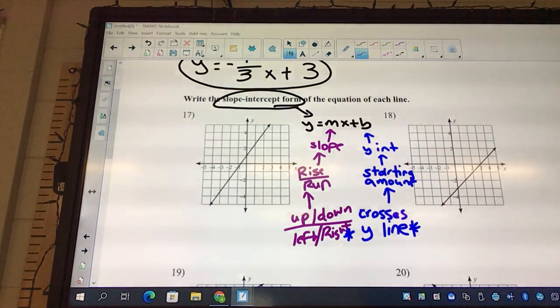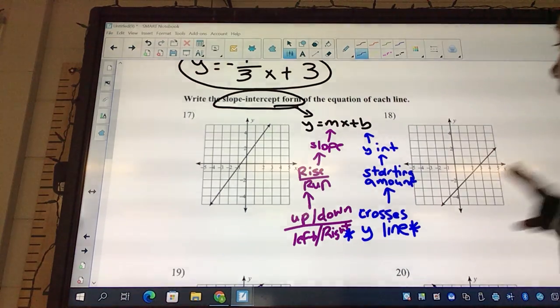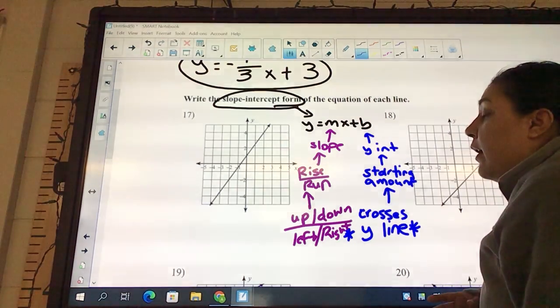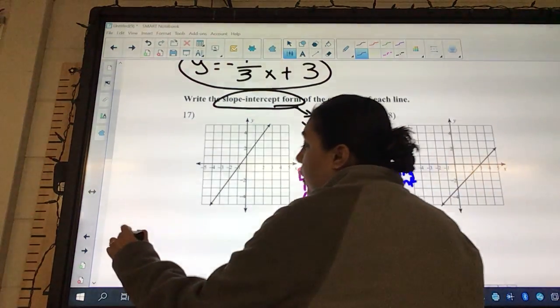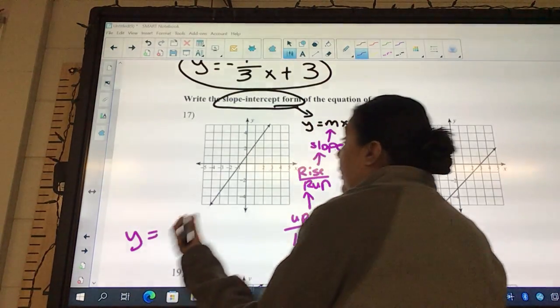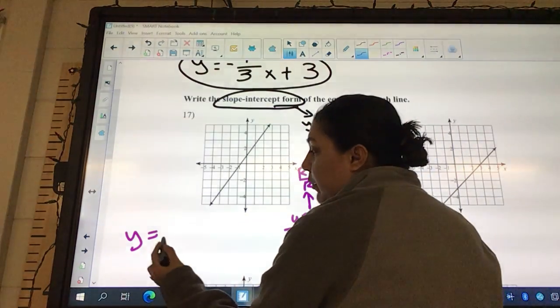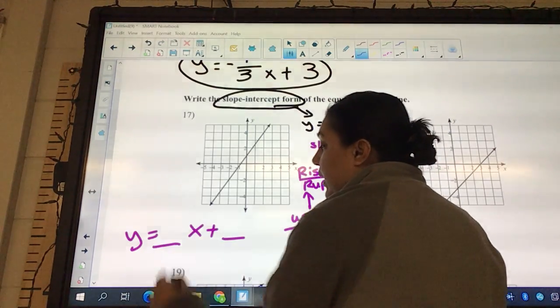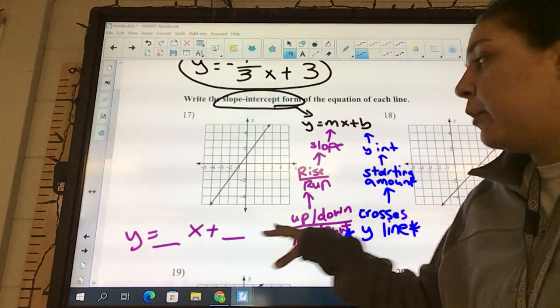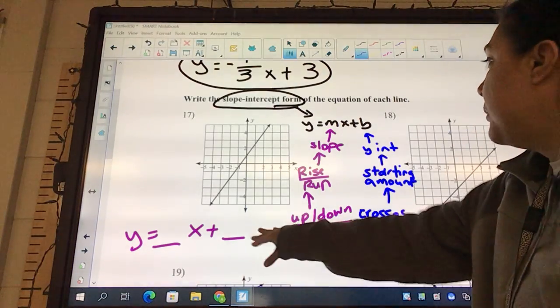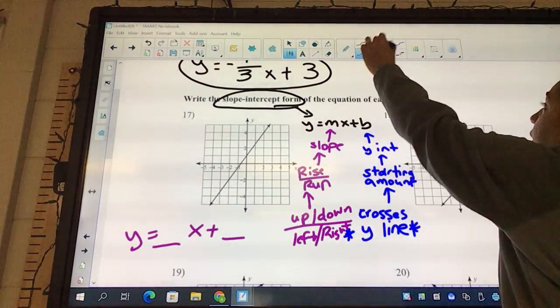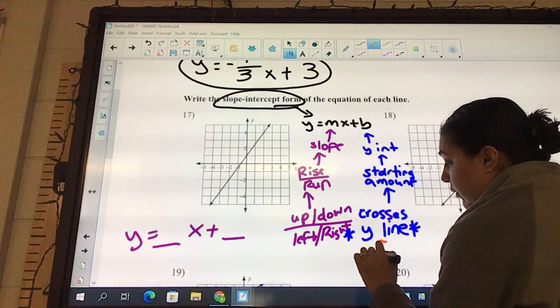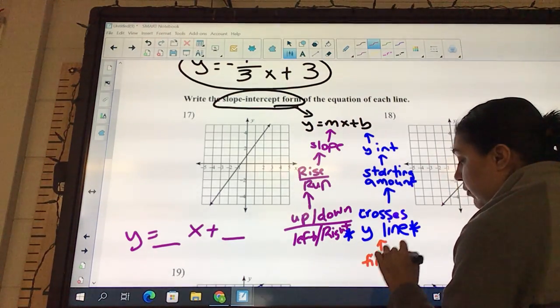The very first thing you want to do is find the y-intercept first. So we're going to have this formula, y equals, and we don't know our m yet, so you can leave a blank spot. x plus our b is also going to be a blank. I drew these little dashes for blank, blank. So you always find the b first. Maybe draw a little note on here, but you need to find this one first.